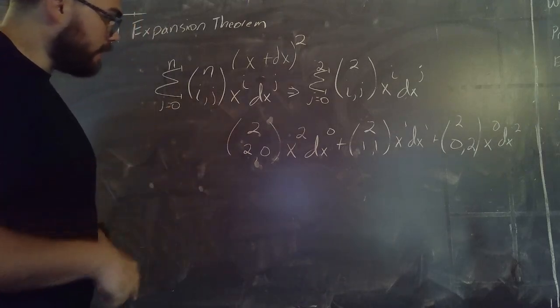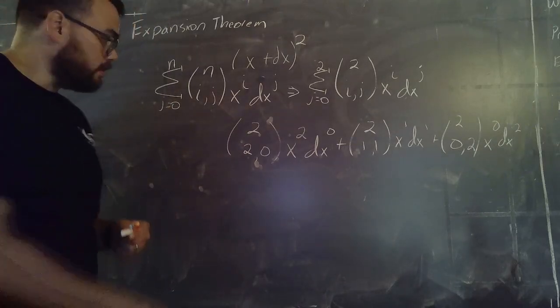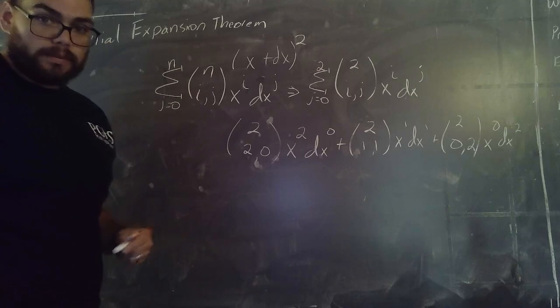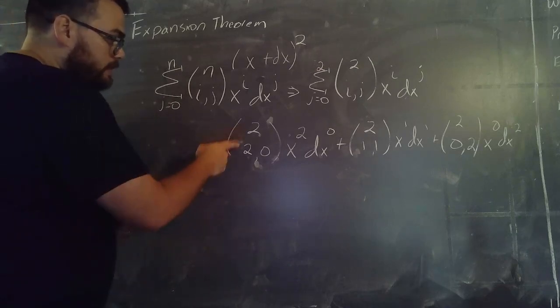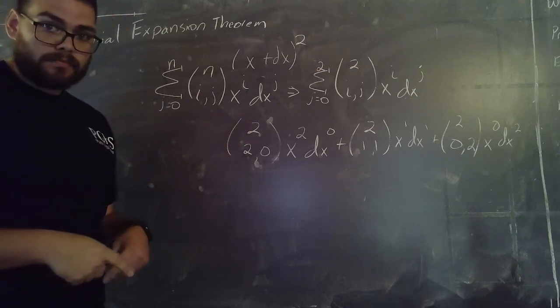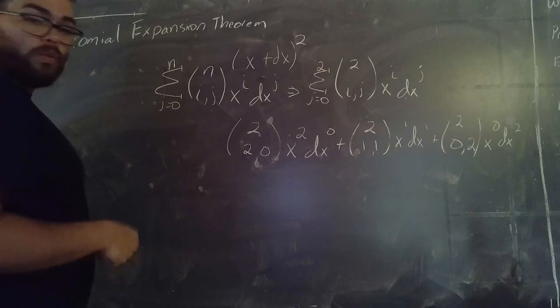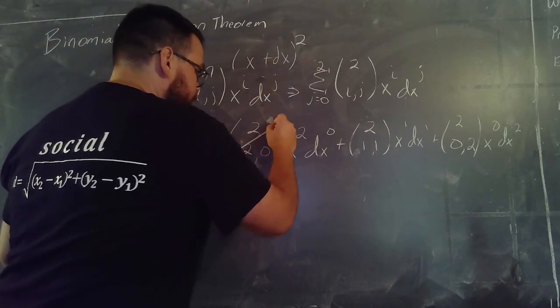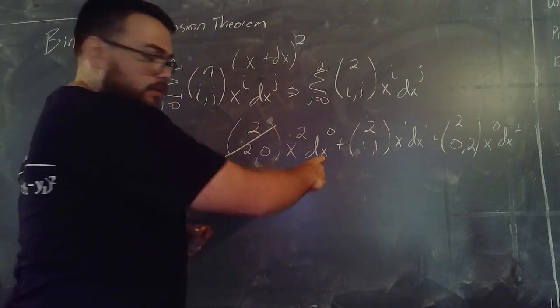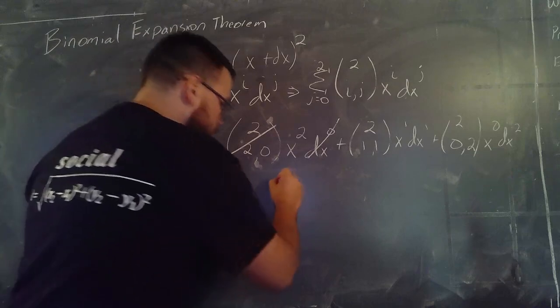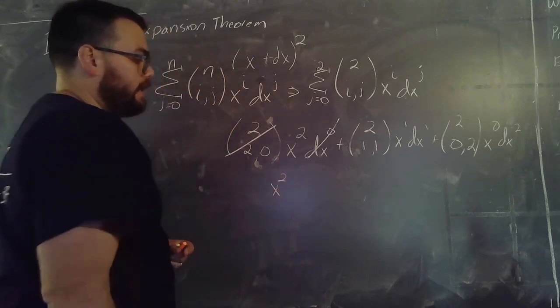All right, so now we have to know what these positions are. 2 choose 2. That's just 1. Okay? Whenever these two numbers are the same, it's just going to be 1. So this is a 1. Anything to the 0th power is going to give us a 1. So we drop down as that's going to be x squared.